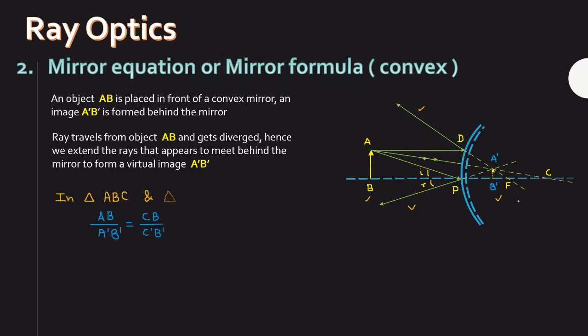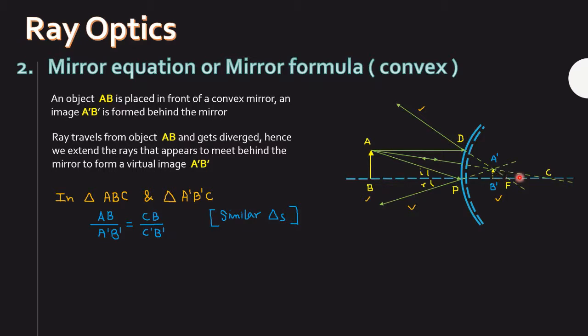Now, starting with the calculations, with all the notations given here, in triangle ABC and triangle A prime B prime C, that will be this triangle. These two triangles are similar because they have the same angle of 90 degrees, as both the object and the image stand erect.